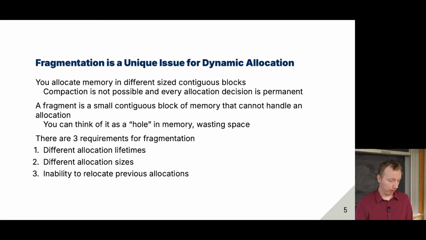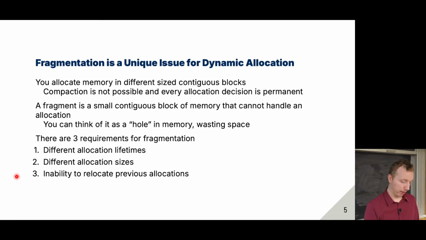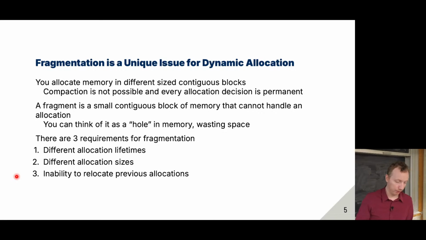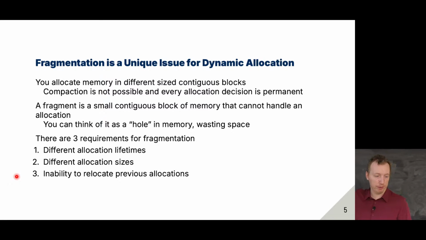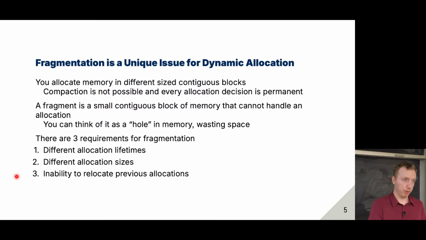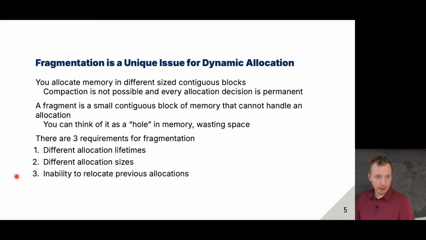I'm not wasting space because they're all the same size. And then the third one is you can't relocate previous allocations. You might hear this termed defragmentation, where I'm just moving memory around to make everything contiguous, close together.